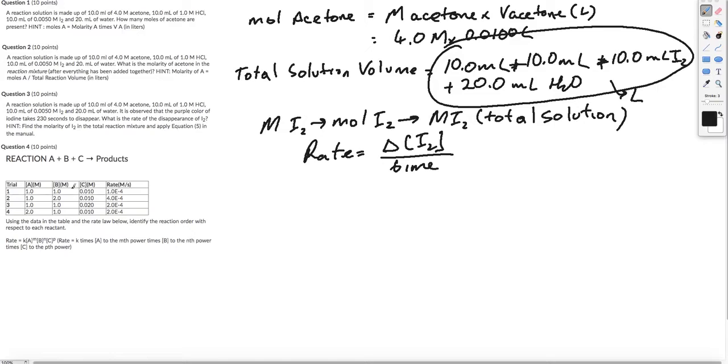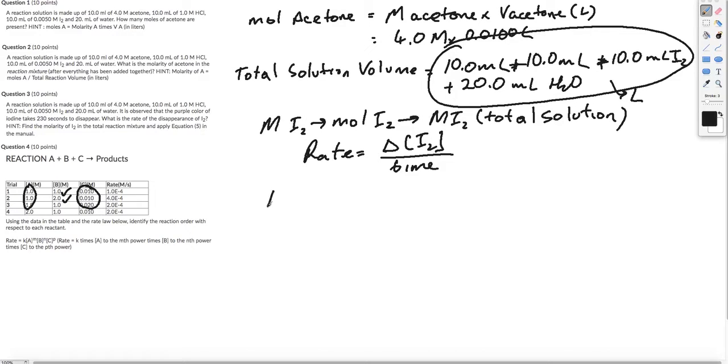So let's say this is B here, and what I see here is we've got 1.0 and we've got 2.0, but you can see everything else is the same. We've got 1.0, we've got 0.010 over here, and this is for our A and C. Of course the rates won't be the same, or they may or may not be, but in this case they're not.